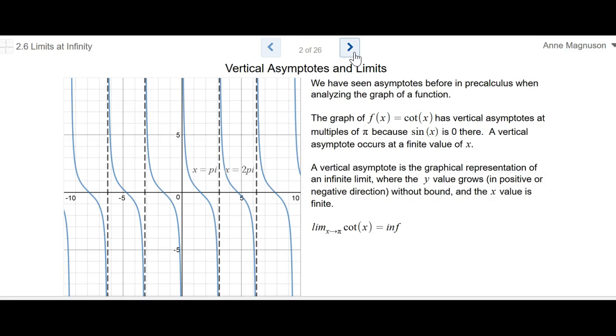Rational functions might have vertical asymptotes. Vertical asymptotes occur at a particular finite x value. So in this case, for cotangent x, they occur at multiples of pi on the x-axis. So a vertical asymptote is a graphical representation of an infinite limit, where the y value grows without bound.